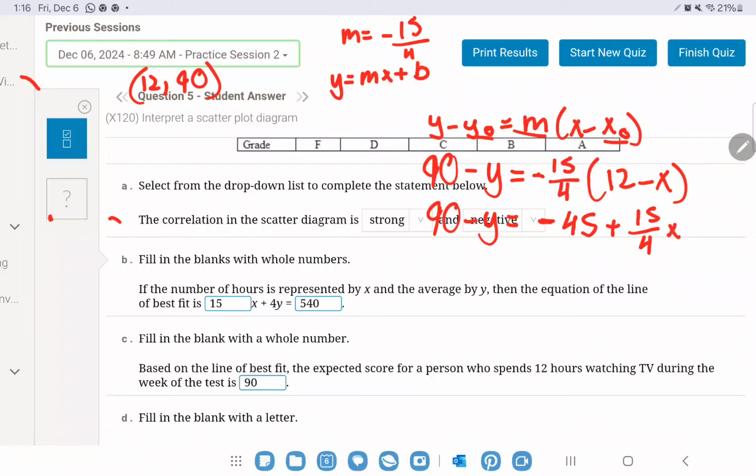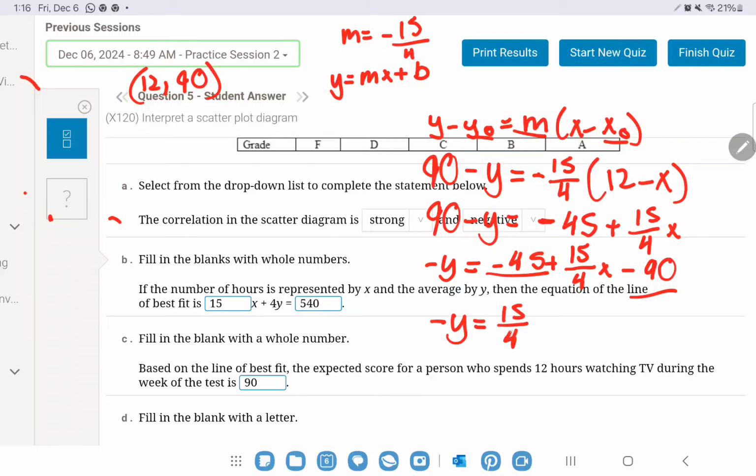Now you need to shift everything around. So negative y, you need to keep y on one side. Negative y equals negative 45 plus 15 over 4x minus 90. We need to put like terms together. So negative y equals 15 over 4x minus 135.